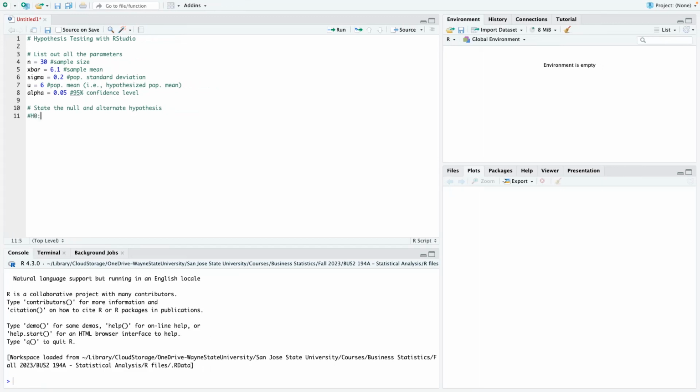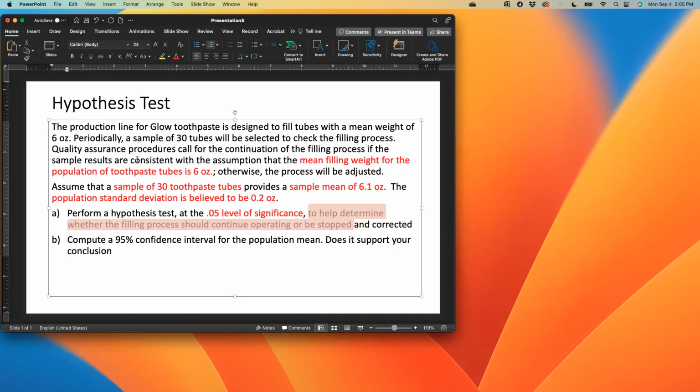So I often advise my students to start with the alternate, right? So in this case, mu would be not equal to 6. And then for the null, mu would be equal to 6. So that's basically how you set that up.